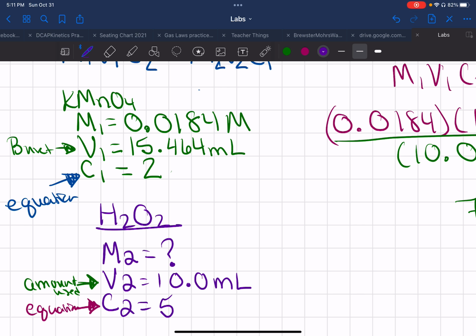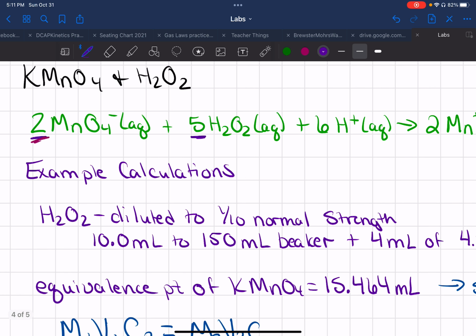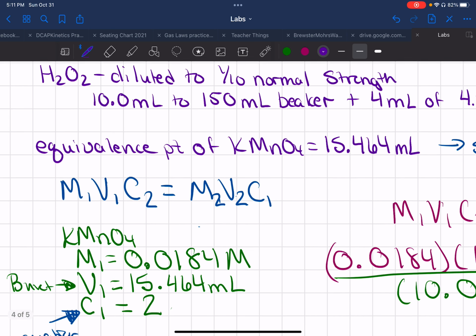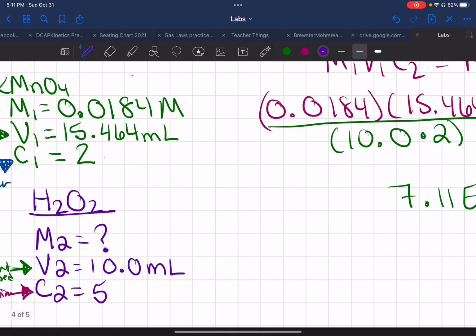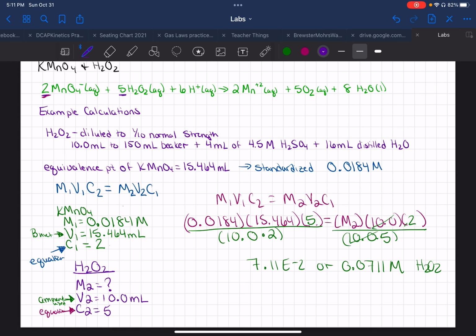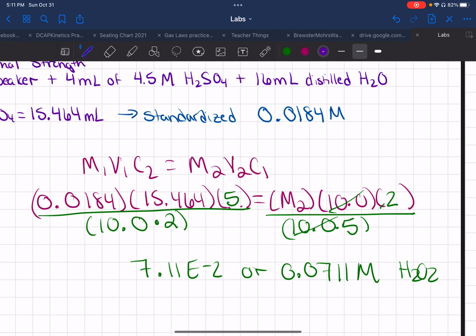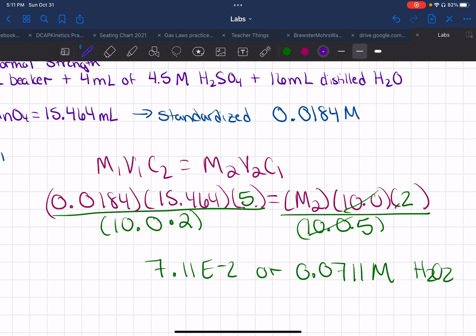M2 I do not know, and I have a 5 in front of the H2O2, so C2 becomes 5. I'm going to place this into my equation: M1V1C2 equals M2V2C1. Make sure that you're careful to keep track of who you're putting for who. And when I do this, I get 0.0711 molar.